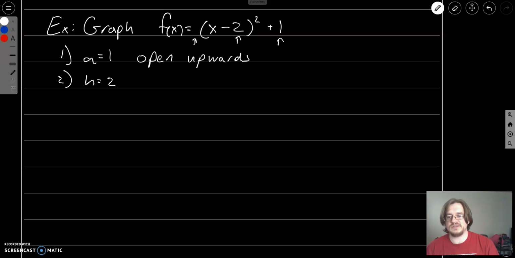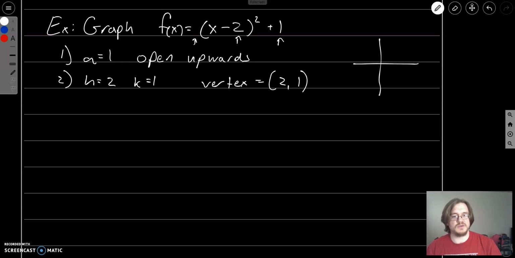So h is going to be 2, k is going to be equal to 1, so our vertex is going to be (2, 1). So if I draw a rough picture to start with, we'll be at (2, 1), and we're going to open upward. And we can see that we shouldn't get any x-intercepts.